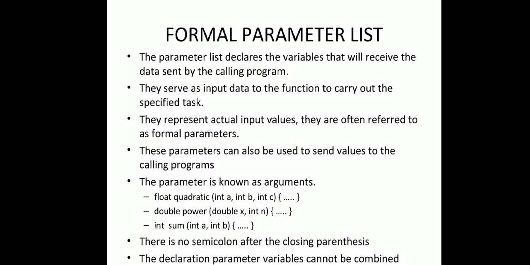So let's see what the formal parameter list is. The parameter list declares the variables that will receive the data sent by the calling program. So parameter lists are nothing but a collection of variables separated by commas.